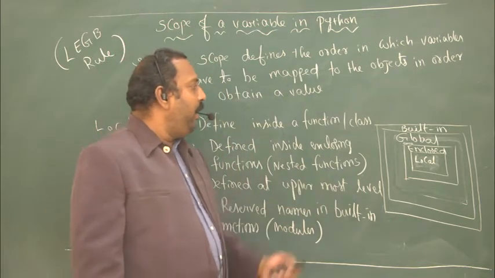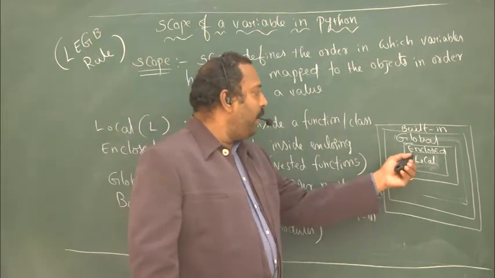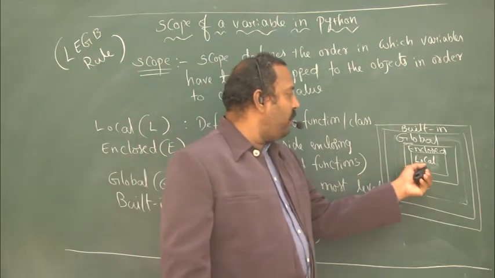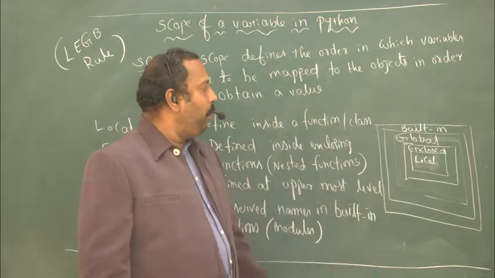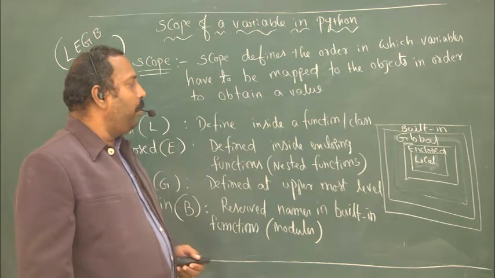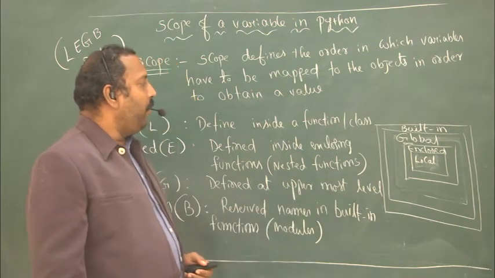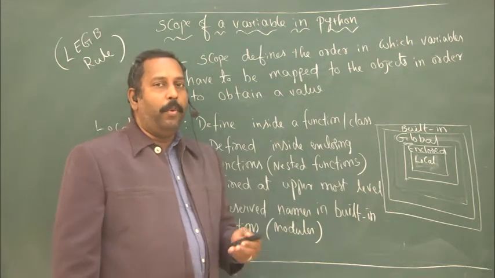Then finally it will check the built-in scope. This is the diagram we have to see here. First always give preference to the local scope, then the enclosed scope, then global scope, and last built-in scope. This is the priority of checking the scope of a variable.